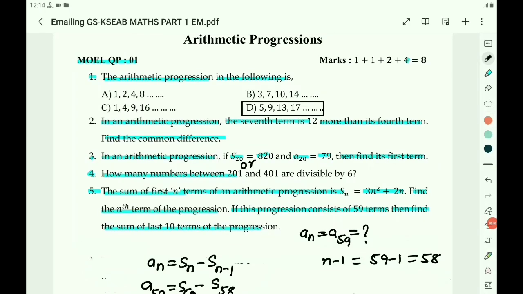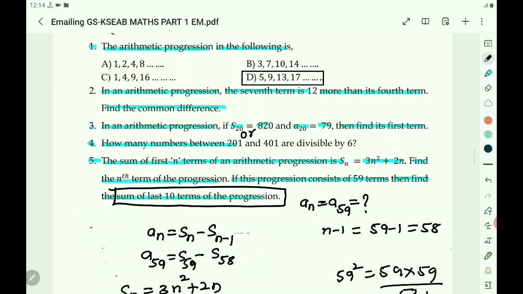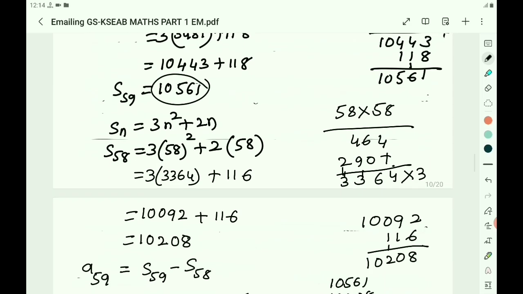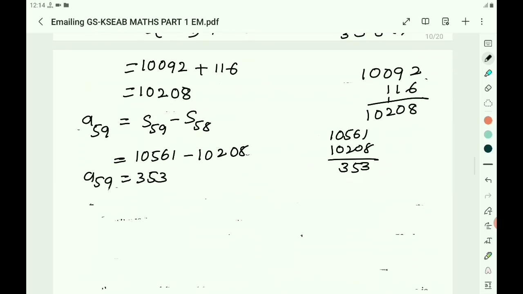Next we have to find the sum of last 10 terms. Last 10 terms means here from which term to which term we have to consider it. The last term is a59. 59 minus, including 59 we have to subtract 9 to get 10 terms.